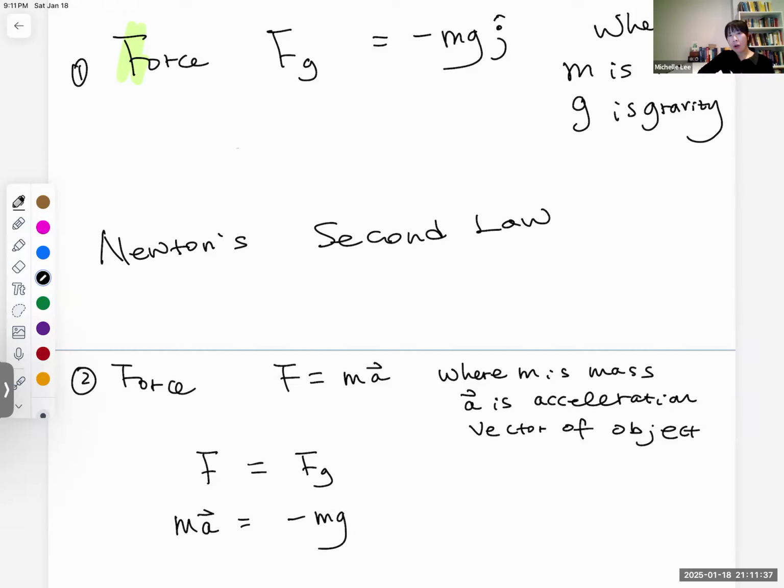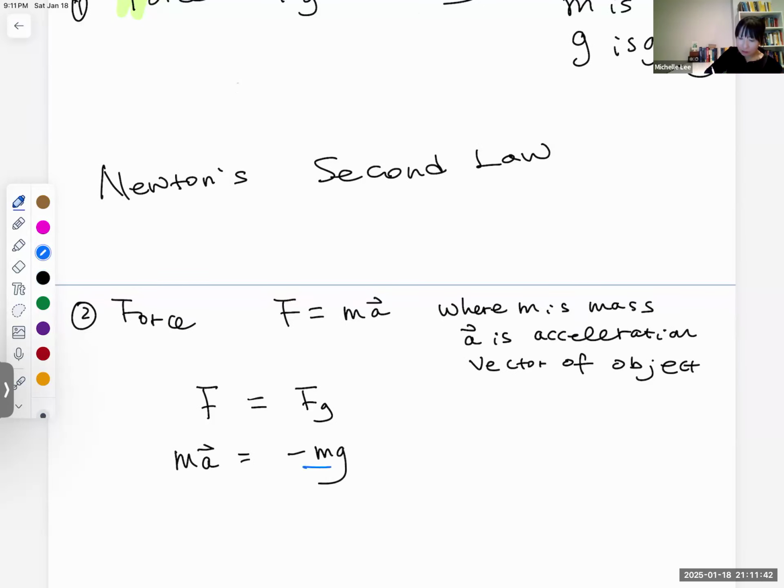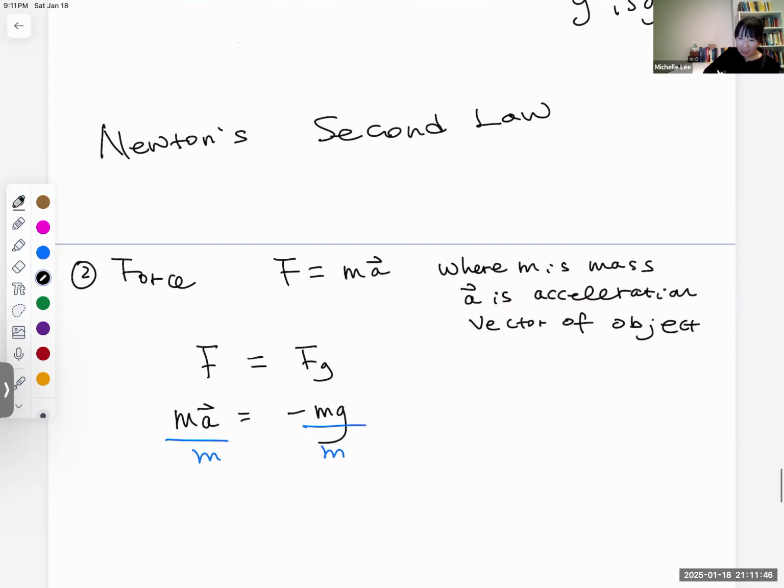Okay, now we can divide by m both sides. Then we get acceleration equal to negative g, right? Oh, missing j. Yeah, okay.